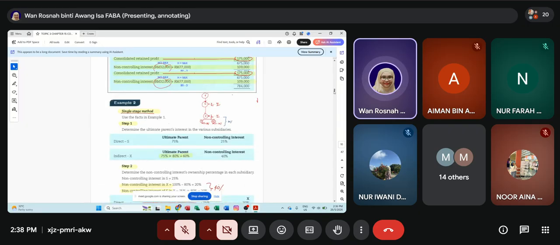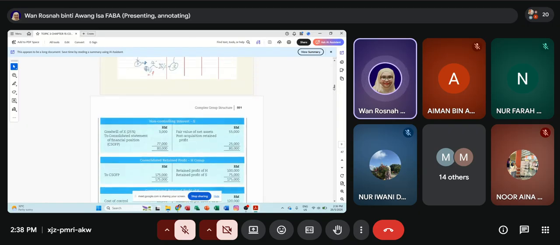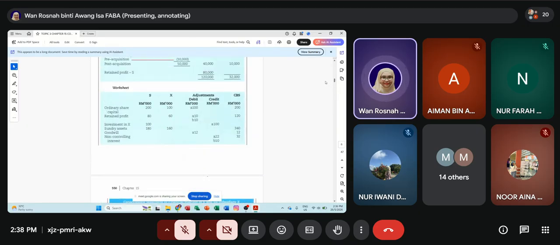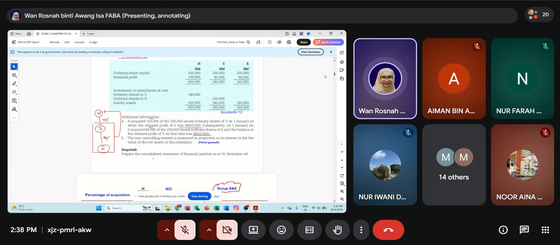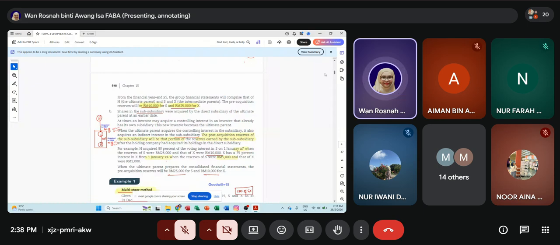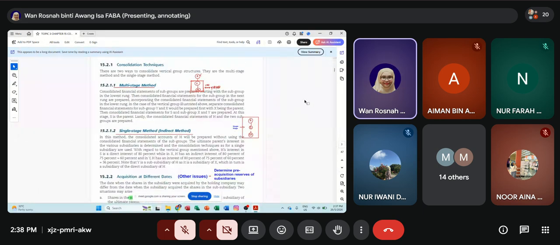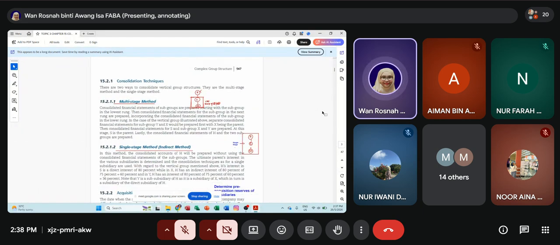Look at example number one, class. This is a very basic example on how you are going to record a consolidated financial statement or financial position for a very basic vertical group structure.